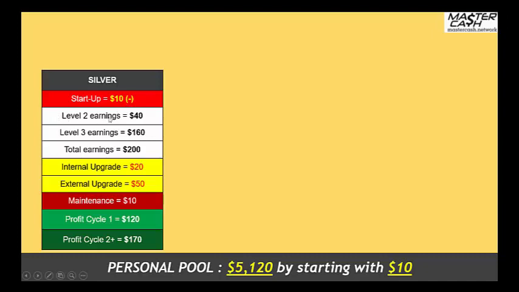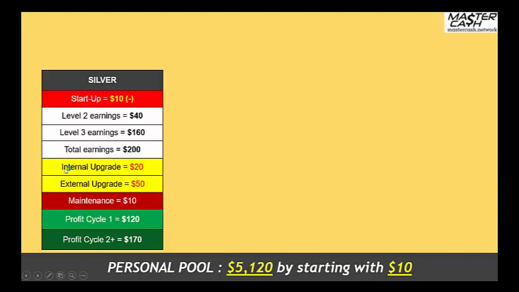In level 2, there will be 4 people for you. If you look at the tree, there will be 4 people for you. Each of them giving you $10 makes $40. And then in level 3, you will have 8 people, each of them giving you $20, making $160. If you recap the previous video, you understand why in level 3 they'll be giving you $20. So you make a total of $200 in the silver matrix of the personal pool.